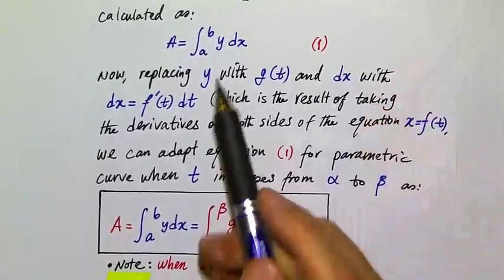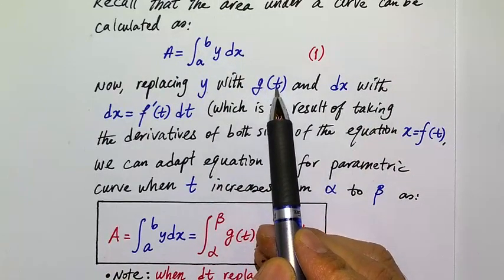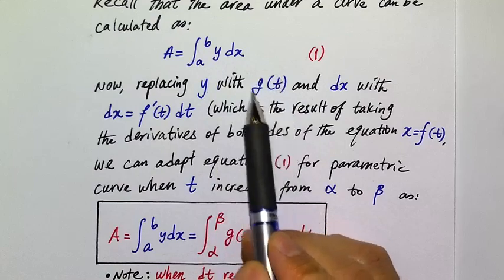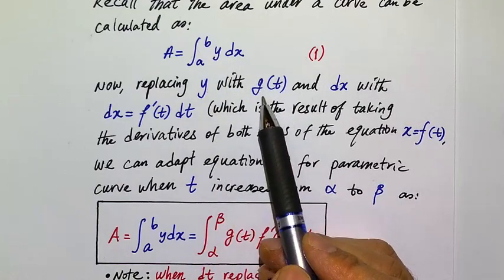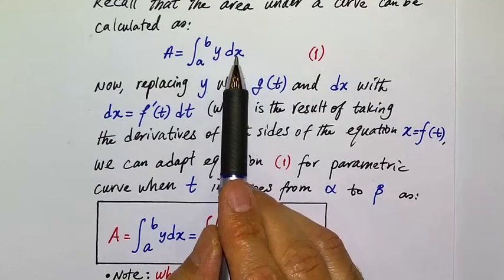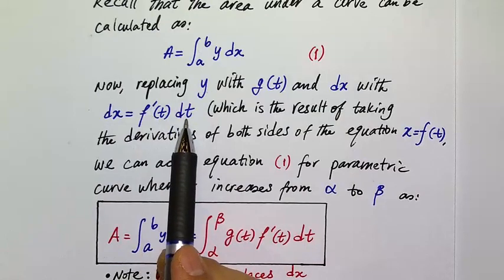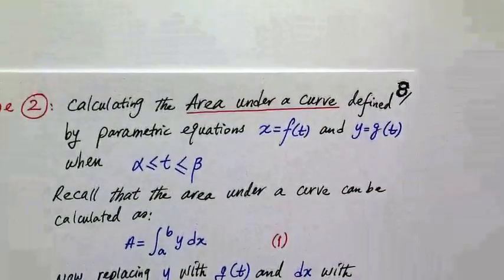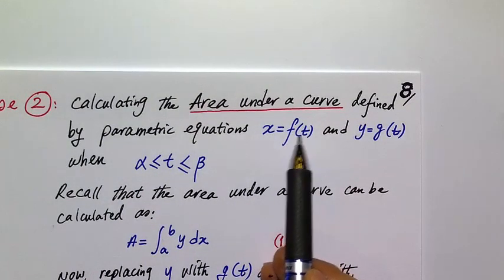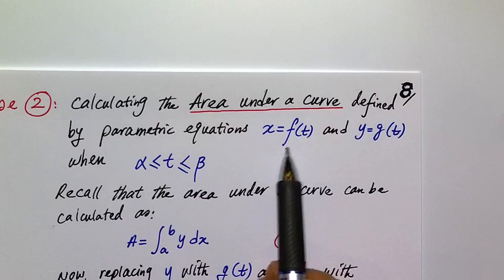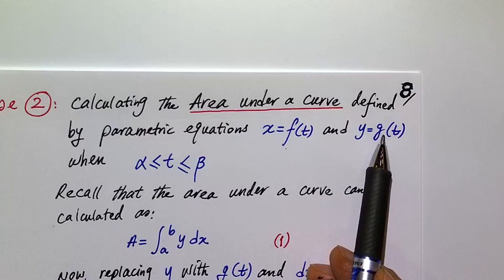So in this integral, we will replace y with g as a function of t, in other words, with its equivalent parametric equation. And we will replace dx with f prime of t dt, which is the derivative of what x is equal to in terms of a parametric equation. For y, we replace it with g of t without any change.